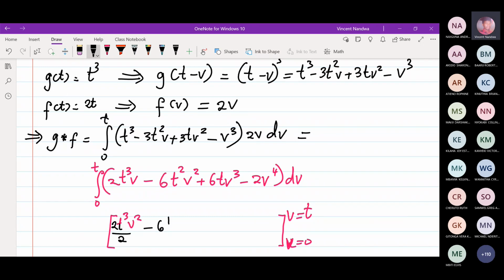Then minus 6T squared V cubed over 3, plus 6T V to the power 4 over 4, minus 2V to the power 5 over 5.